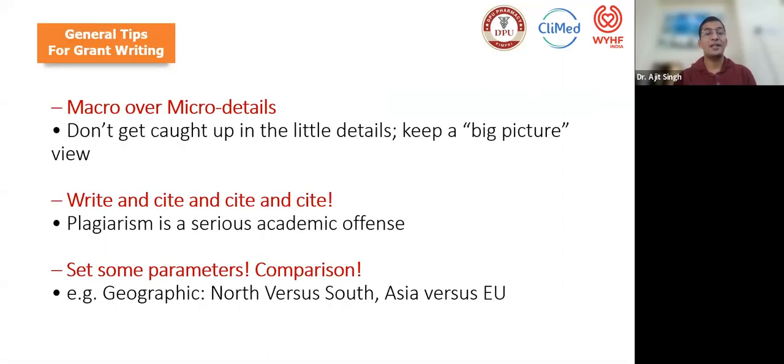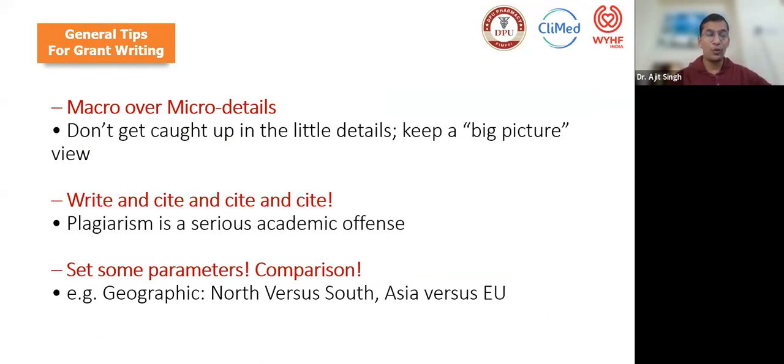Now again, the general tips: macro over micro details. Don't get caught up in the small details. Keep a big picture view. Little details are needed, but in the methodology part.